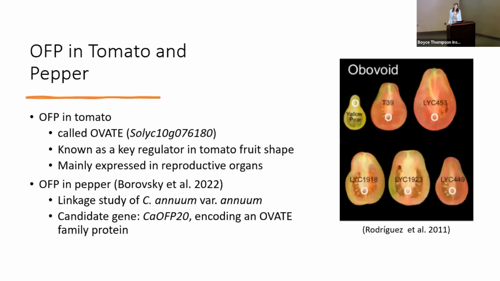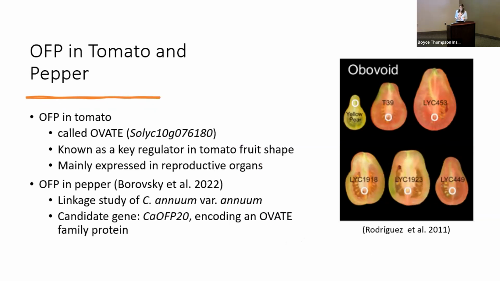So a little bit more about that. OFP is found in tomato and in pepper. OFP in tomato is called ovate, and it is known as a key regulator in tomato fruit shape. And it is mainly expressed in the reproductive organs, so mostly in the fruit. So here in this image, we have different tomato fruits that have different mutations in this ovate gene, and that results in different fruit shapes.